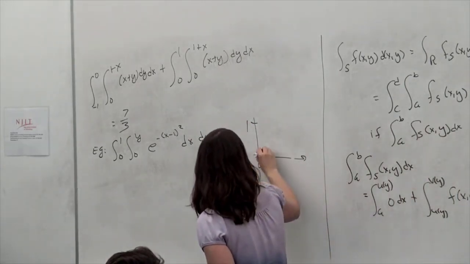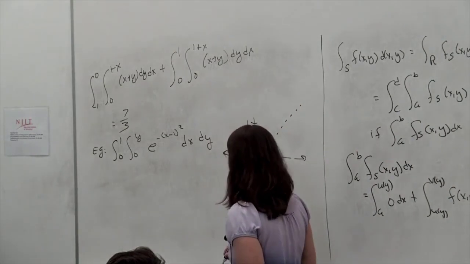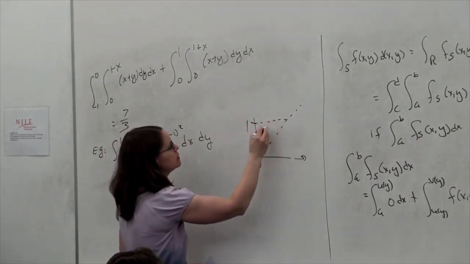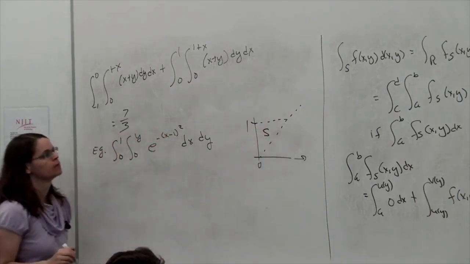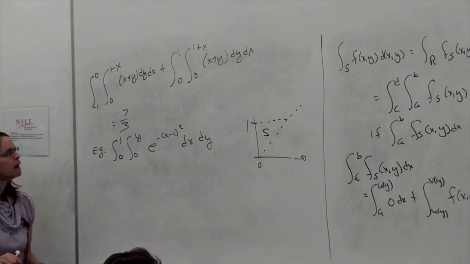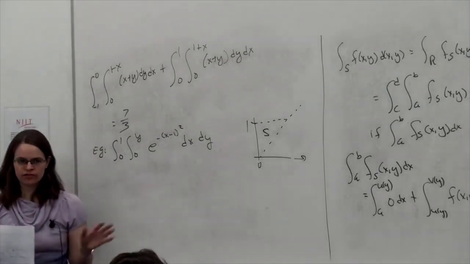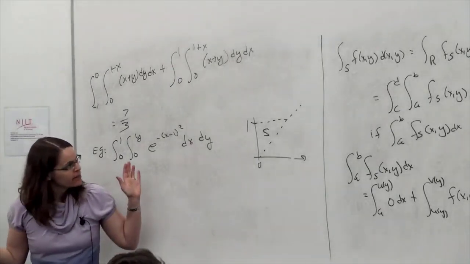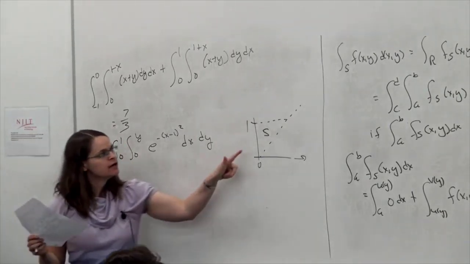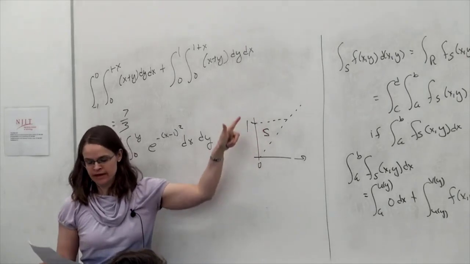So here's the line, y equals x. So x is going from 0 to y. So if this is all hunky-dory, we would tend to relate this iterated integral to an integral over this region S.